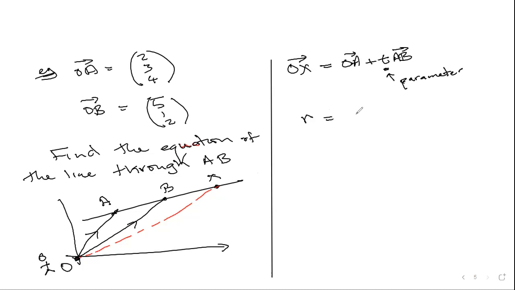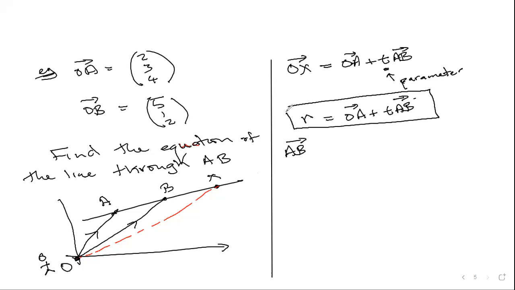The vector equation of a line is always in that form: OA plus, you see lambda, you see mu, you see T, all different things, but times AB. So now what we need to find is AB. This is the general form of the equation of our line. This is the line that we want to find the equation of.